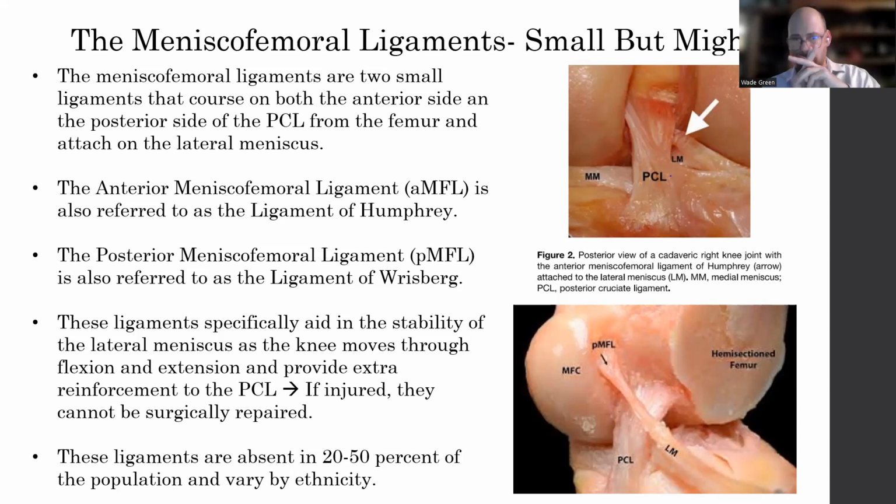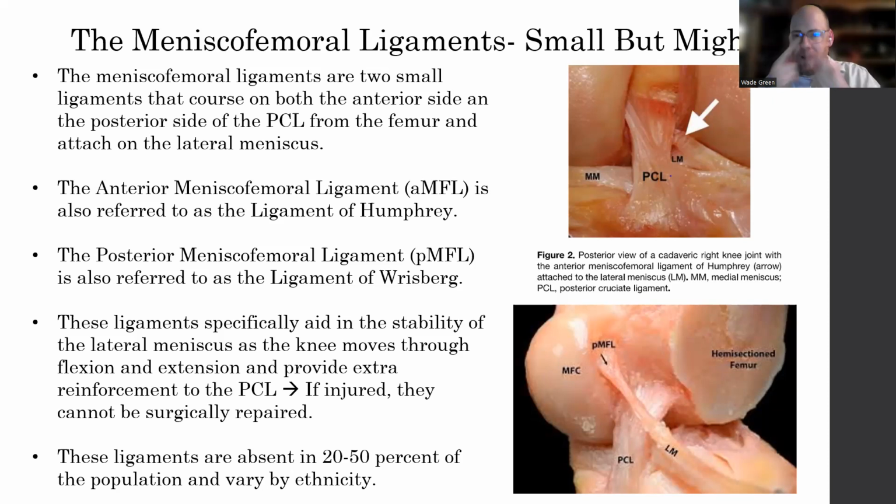So this guy's name is the anterior meniscofemoral ligament, or the ligament of Humphrey. Posteriorly, back here towards me, on the back side of the PCL, is my posterior meniscofemoral ligament, or the ligament of Risberg.